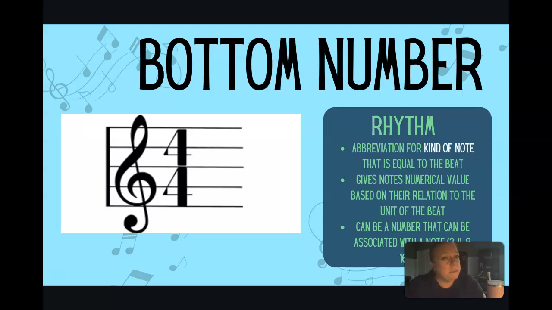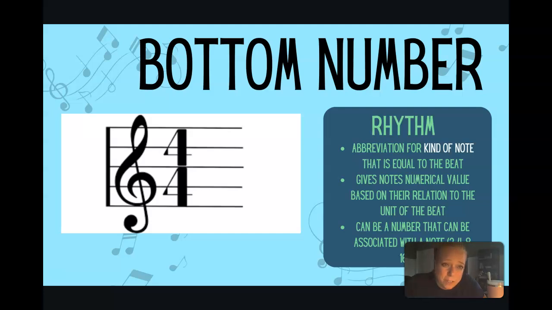Remember, the rhythm is the pattern of change. And it implies that there are going to be times when we hear sounds that might not be equal to the beat. It could be longer than the beat or shorter than the beat. So that bottom number of the time signature is an abbreviation that lets us know the kind of note that is going to be equal to 1 beat.